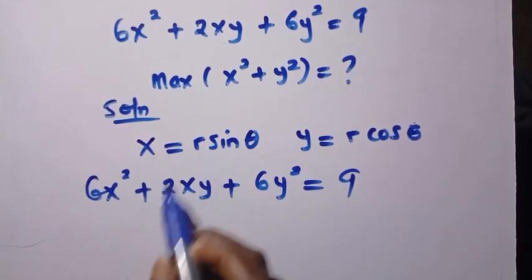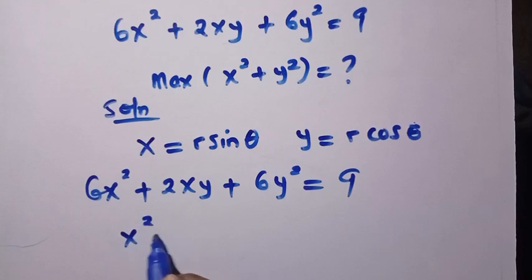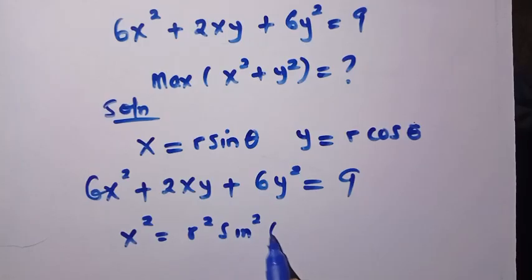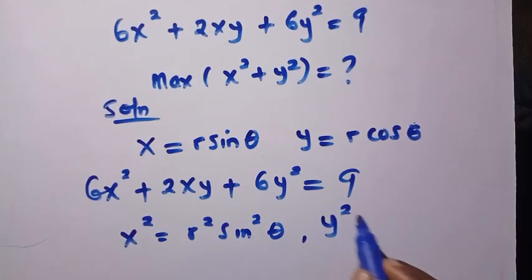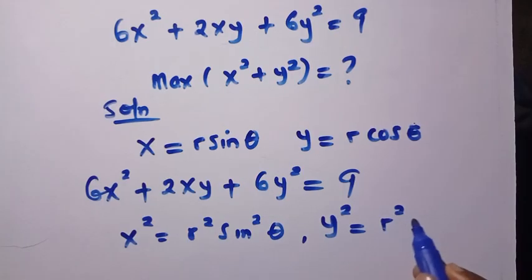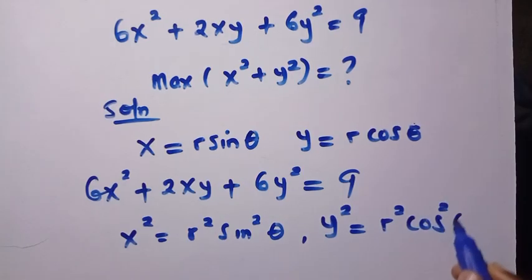Suppose I take the square of this. For x squared, we have r squared sine squared theta, and similarly y squared equals r squared cos squared theta.